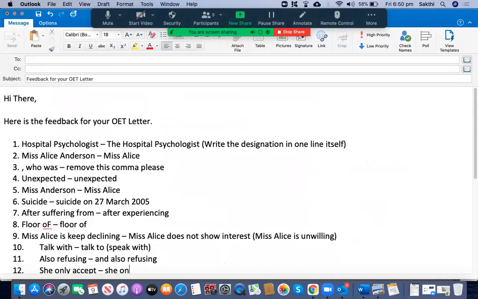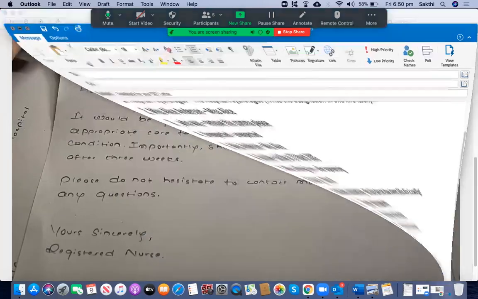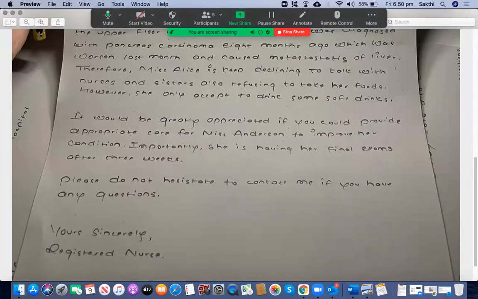She only accepts. Why does she need to go with the verb? She is the third person singular, which goes only with the verb plus s in the present tense. So you have to write she only accepts. She only accept is incorrect.